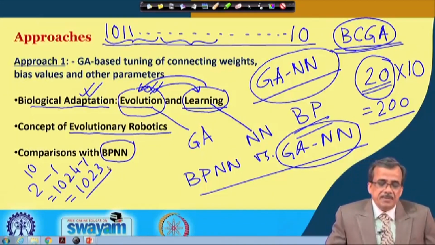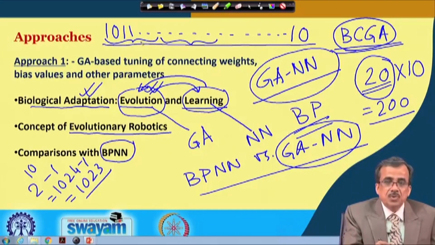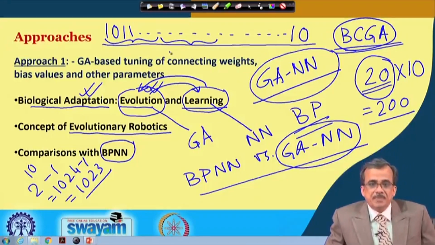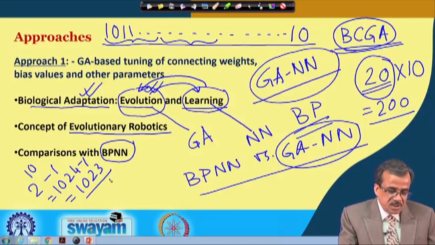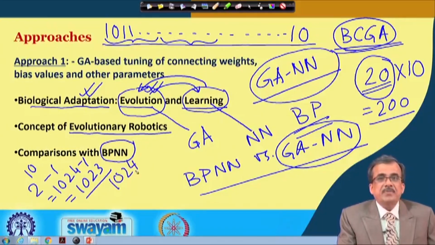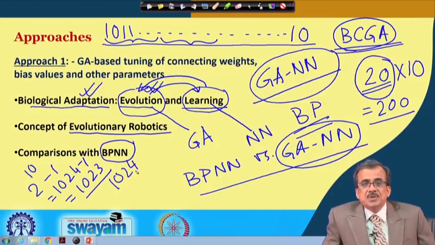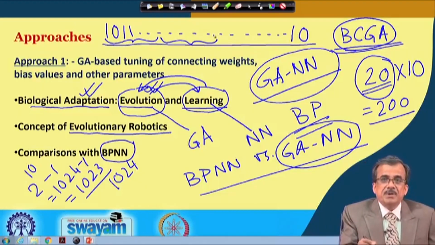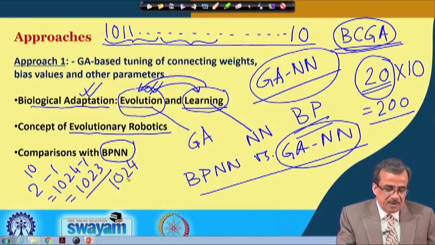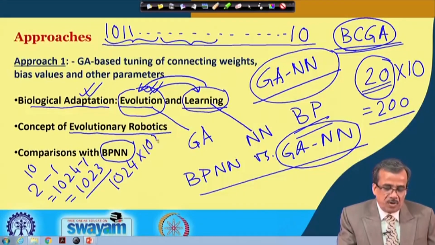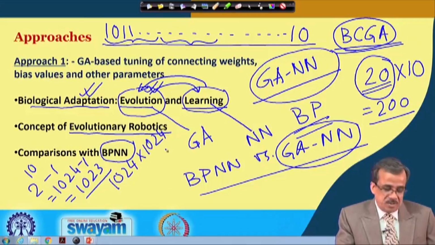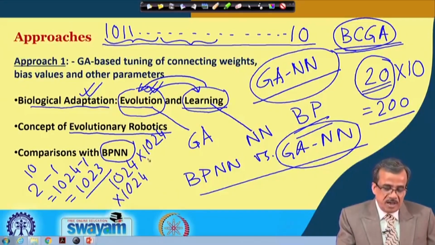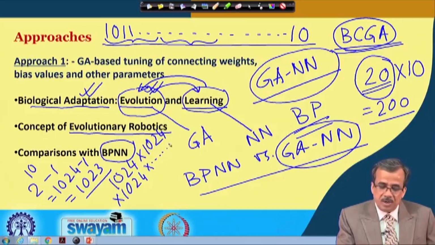For one variable, we have got 1023 equal divisions, that means I have got say 1024 numerical values on the range of this variable. Similarly, for the second variable, within the range I have got another 1024 numerical values. For the third, I have got another 1024 numerical values, and this will go on up to the 20th variable.